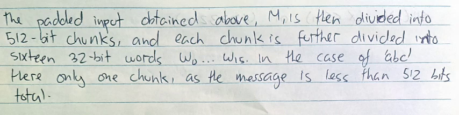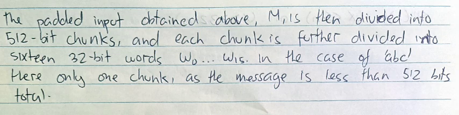The length of the message, represented by 64 bits, is then added to the end, producing a message that is 512 bits long. The padded input obtained above, M, is then divided into 512-bit chunks, and each chunk is further divided into 16 32-bit words, W0 to W15.